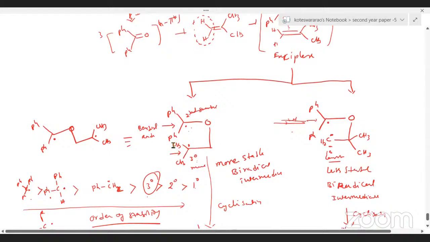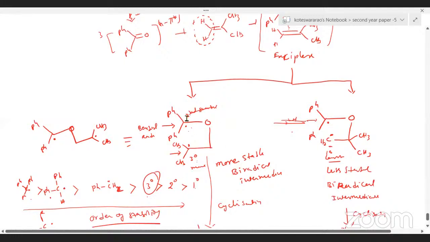The more stable one is decided by the CO bond and CC bond energies. The CO bond is 88 kilocalories per mole and the CC bond is 80 kilocalories per mole. Therefore, based on that, the CO bond is generated first.